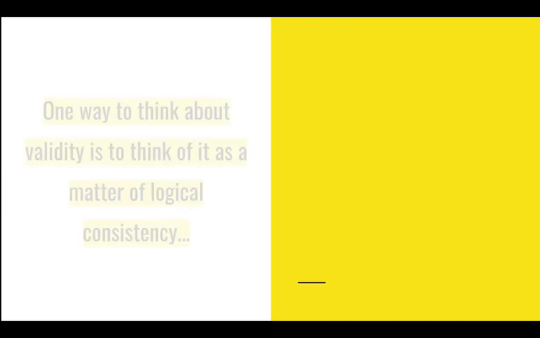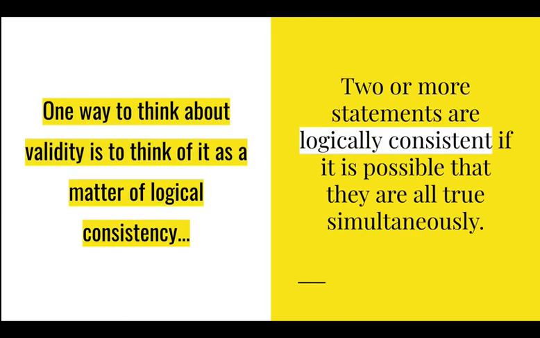Okay, with that out of the way, let's think about validity in different ways. One way to think about validity is to think of it as a matter of logical consistency. Just to remind you of what logical consistency is, two or more statements are logically consistent if it is possible that they are all true simultaneously.